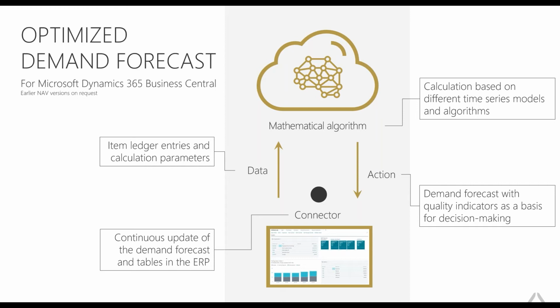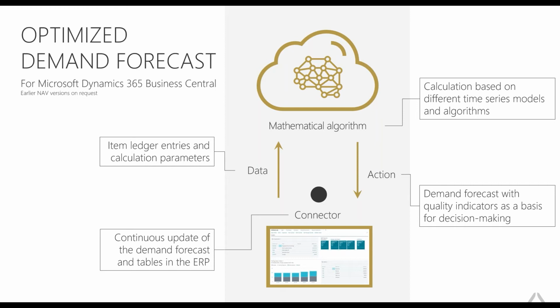So now all the needed data for the algorithm is transferred to a cloud service for forecasting. This cloud service takes these parameters and calculates a demand forecast based on different time series models. Of course, we support typical time series models like exponential smoothing and the ARIMA forecast.